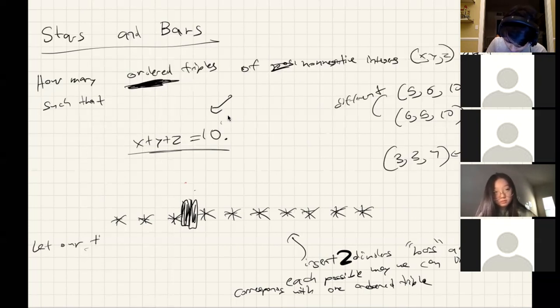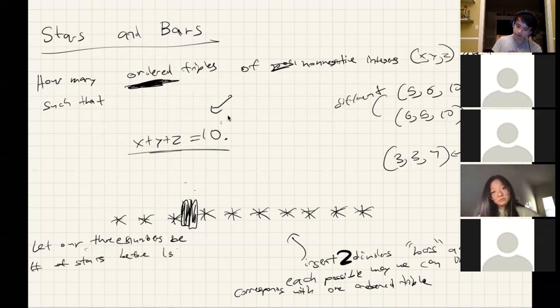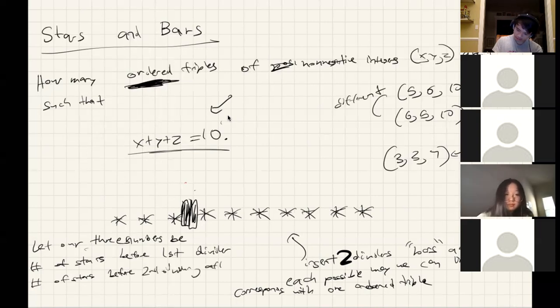Our three numbers will be the number of stars before the first divider, the number of stars between the first and second divider, and the number of stars after the second divider.